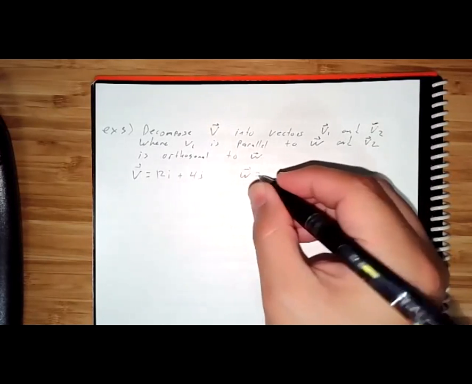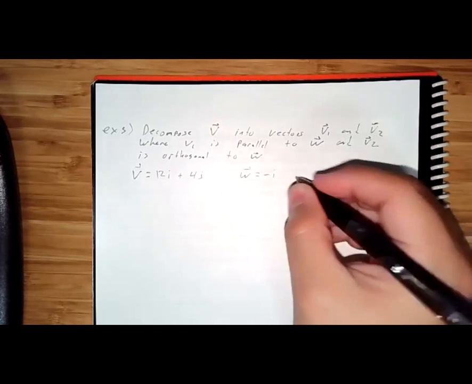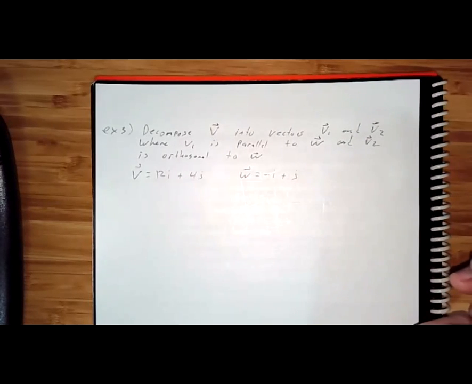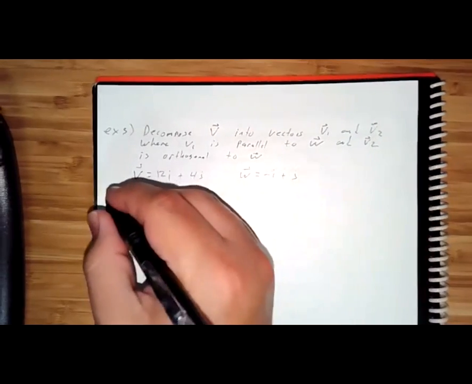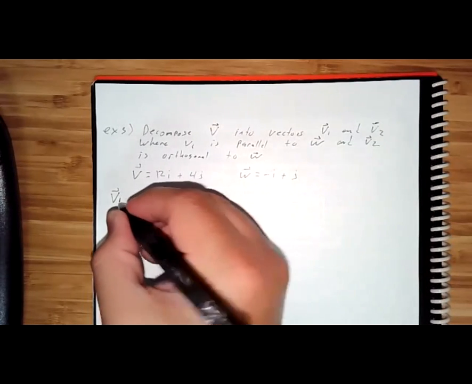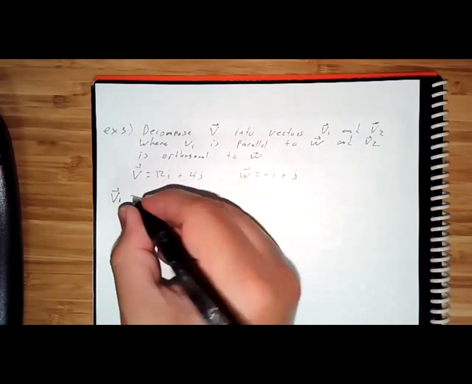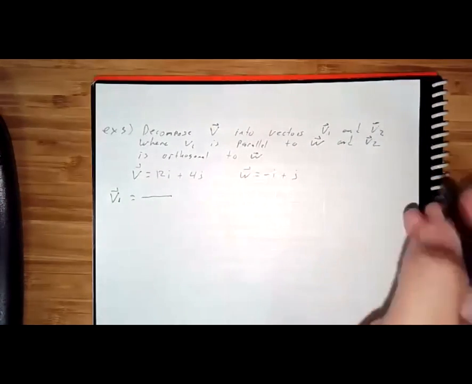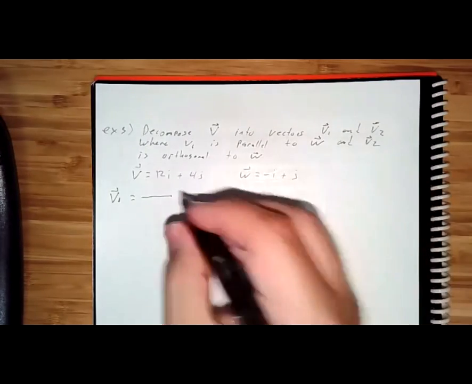W is negative i plus j. V1, so you gotta calculate V1. So here's the formula.